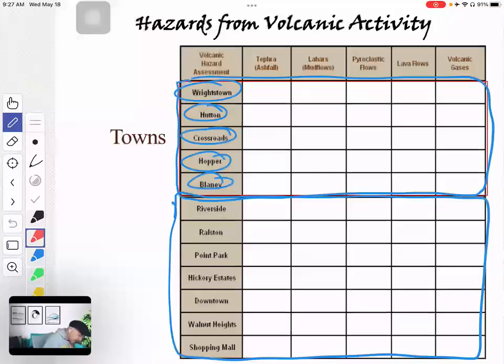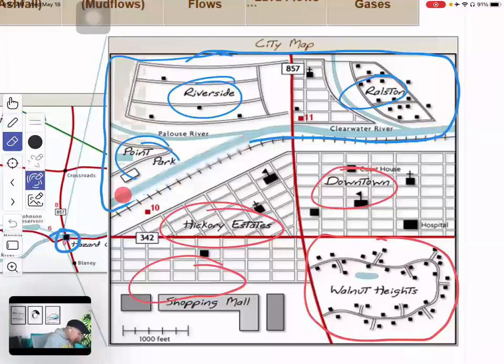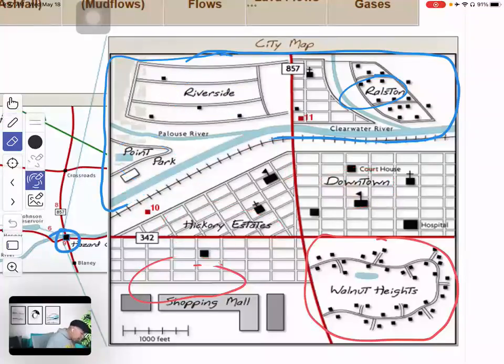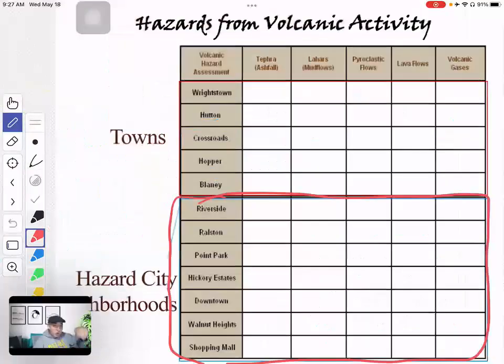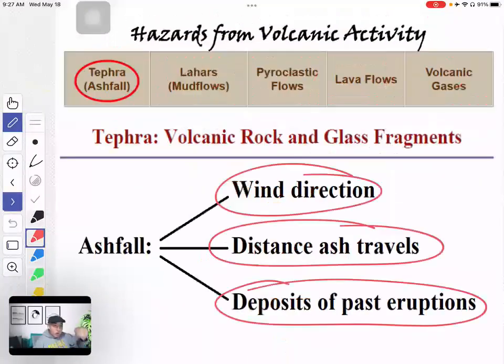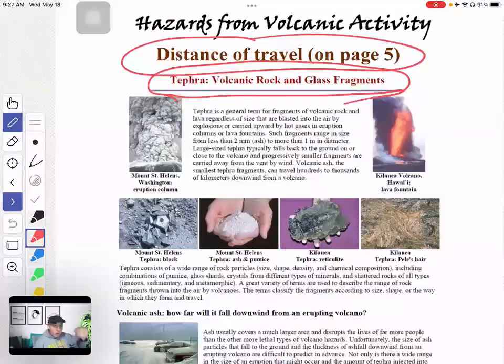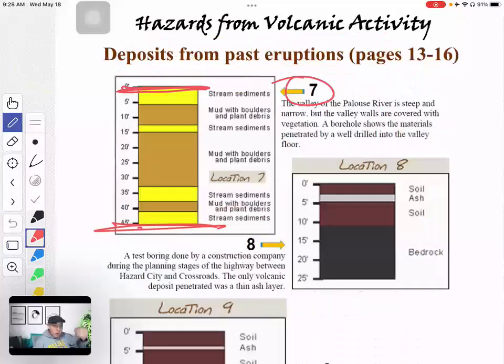If you look at Hazard City, you see a couple of numbers there. You see number 11 is here in floodplain, and number 10 is up here in the higher elevation. So in each of those locations, a core was drilled into the ground and produced those different deposits.